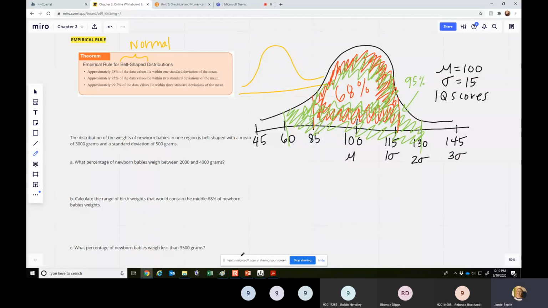On the other side, when we're going below the mean, this would be -1 sigma, because that's 1 standard deviation below the mean, so negative means below. This would be 2 standard deviations below the mean, and then 3 standard deviations below the mean. So that's what the symbols would look like for our standard deviations above and below the mean.